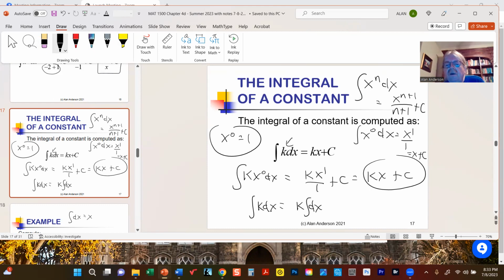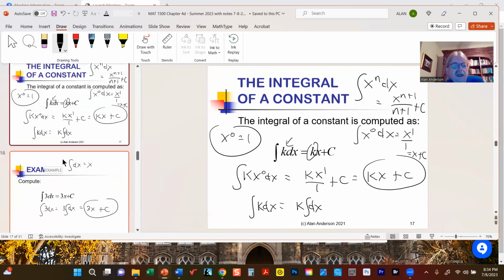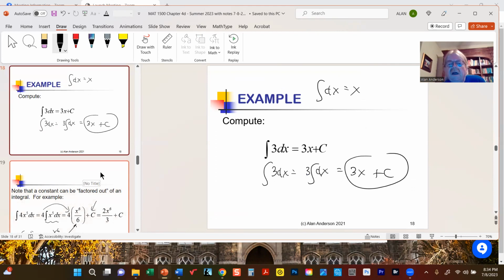In other words, whenever there's a constant involved, what you're effectively doing is multiplying k by the final result of applying a rule. And by the way, it's common practice when we have constants to move them outside of the integral sign to make it easier to determine what rule you're supposed to be using.